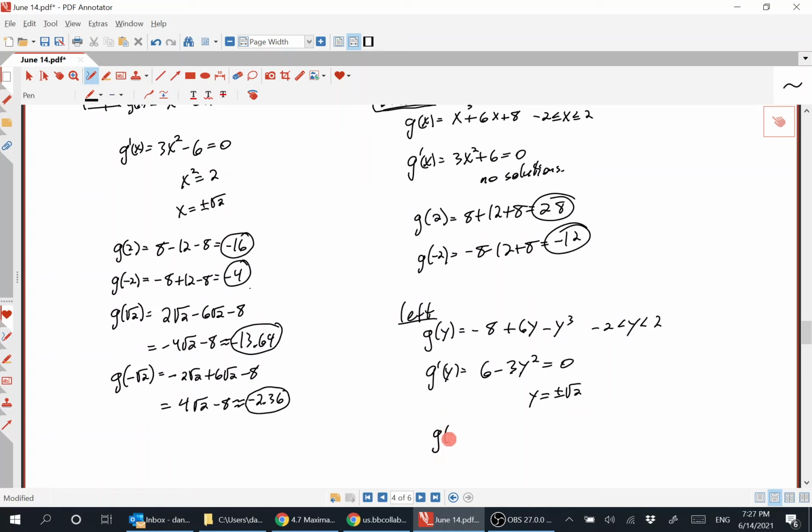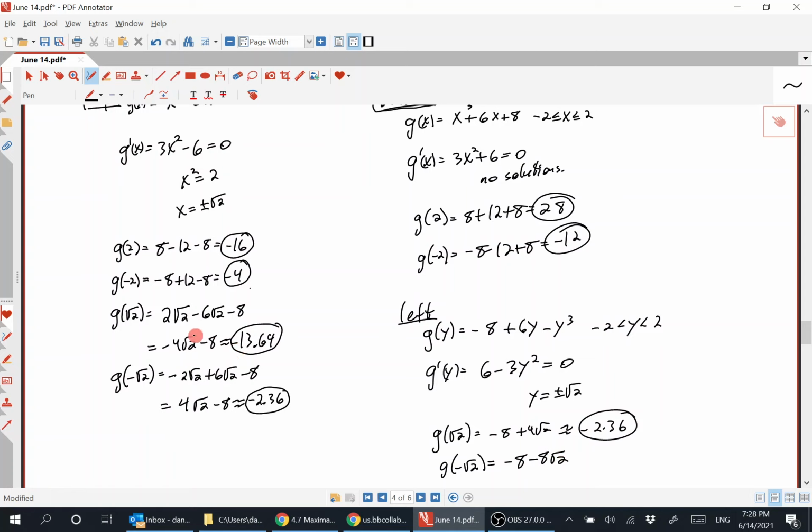Checking these values, g of square root 2, I imagine it's going to be pretty much the same, isn't it? G of square root 2 is minus 8 plus 4 root 2. So that's minus 2.36. And then g of negative root 2, so that's minus 8, minus 6, minus 2, minus 8 root 2. Same number.